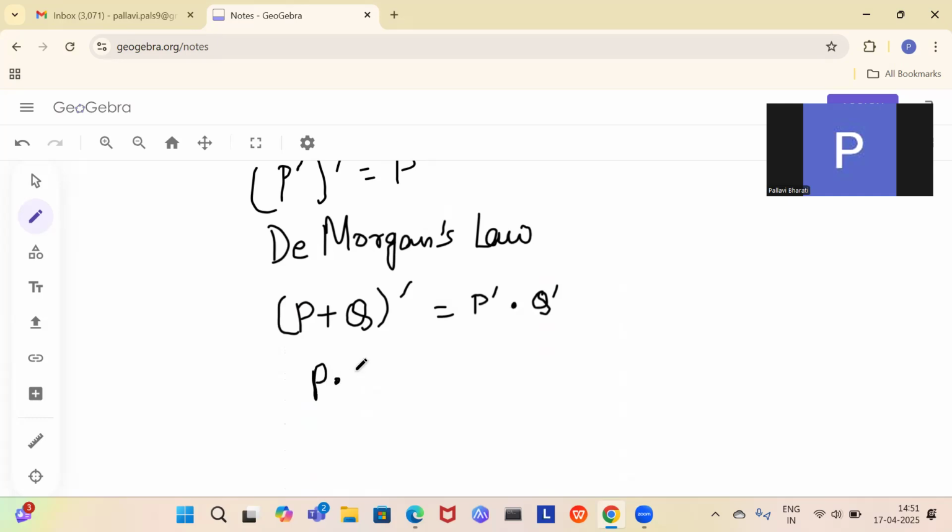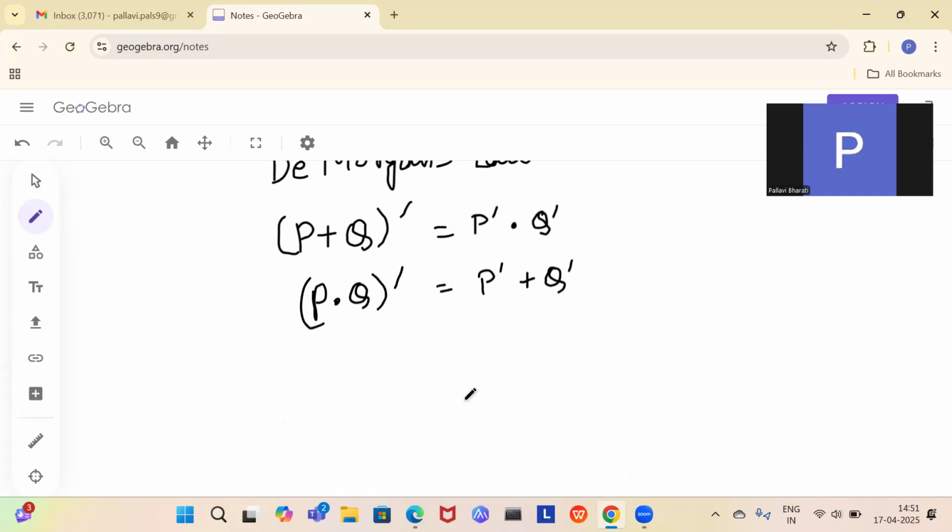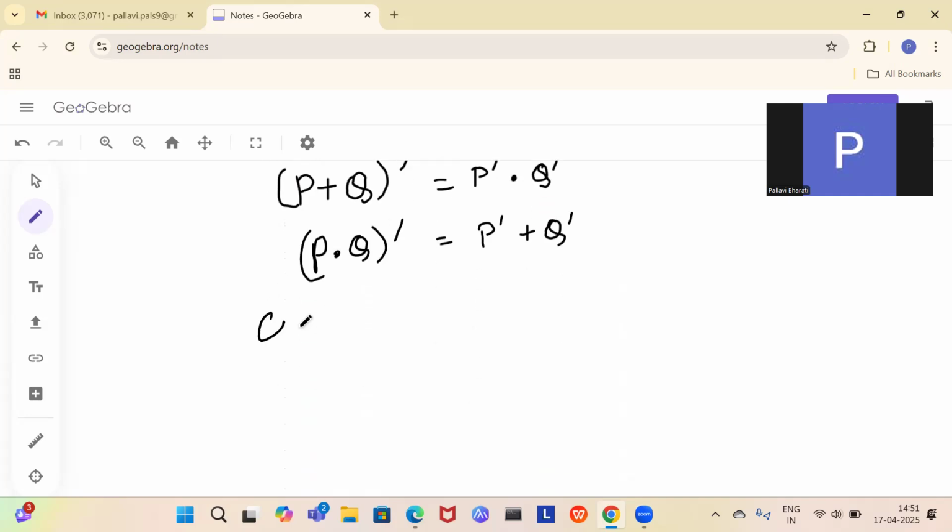Now, if I write P dot Q whole complement, what will it become? P complement plus Q complement. So these are the sets of De Morgan's law.